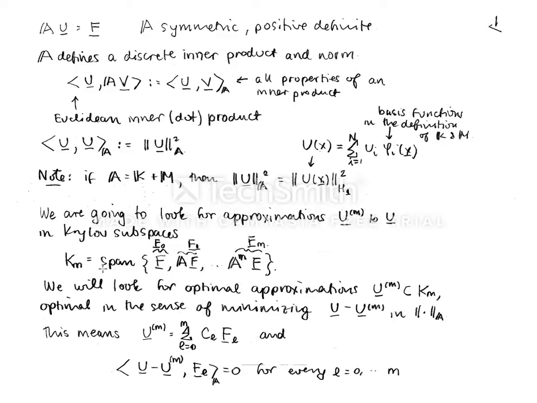That means it has to be A orthogonal to the whole subspace. And if that's true, then the difference U minus UM in the A norm is as small as you can make it when picking a vector from that subspace.